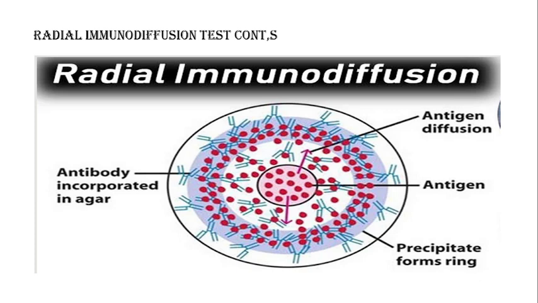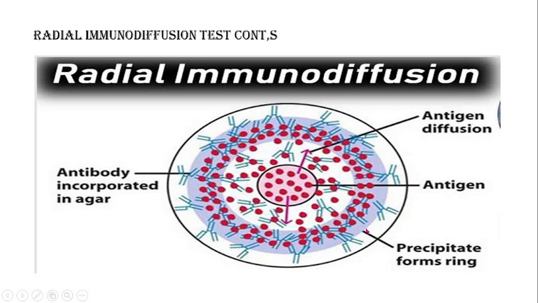To know to what extent our sample contains the antigen, or at what concentration our sample contains antigen, we measure the diameter. It means that from this point to this point, we measure the diameter from here up to here.